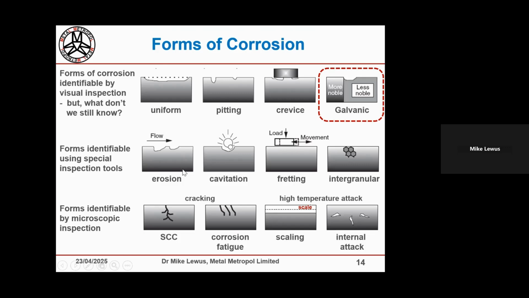You may need special tools. It may need high power magnification rather than just low power. And in some cases, particularly if we're talking about stress corrosion cracking, corrosion fatigue, or hydrogen embrittlement, you're not even going to be able to see the cracks until you remove all the corrosion debris.